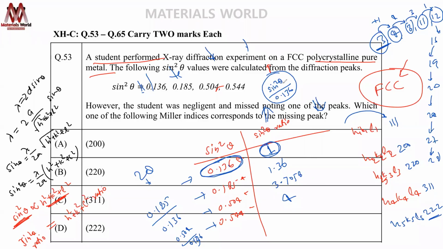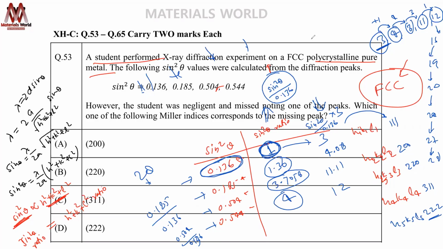This quantity, sin square theta by 0.136, whatever you're getting here, you're getting 1. You multiply it by 3. If you multiply this by 3, you'll get 4.08. If you multiply this by 3, you'll get 11.11. If you multiply this by 3, you'll get 12.